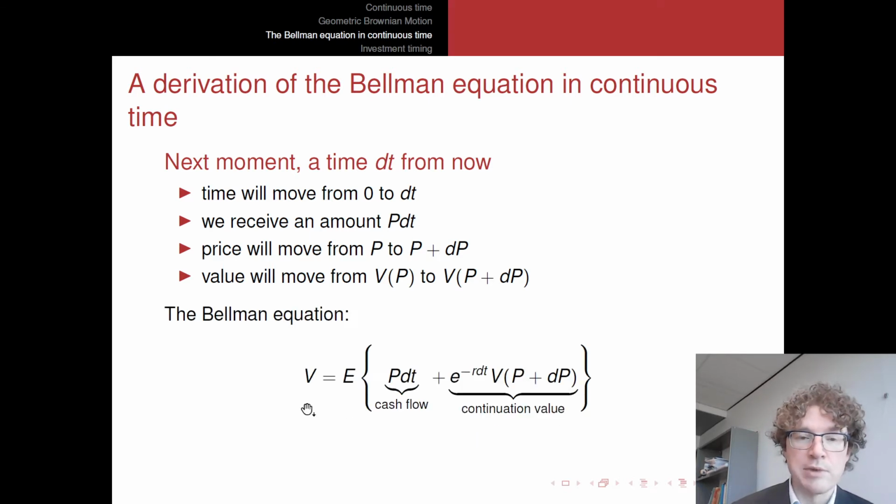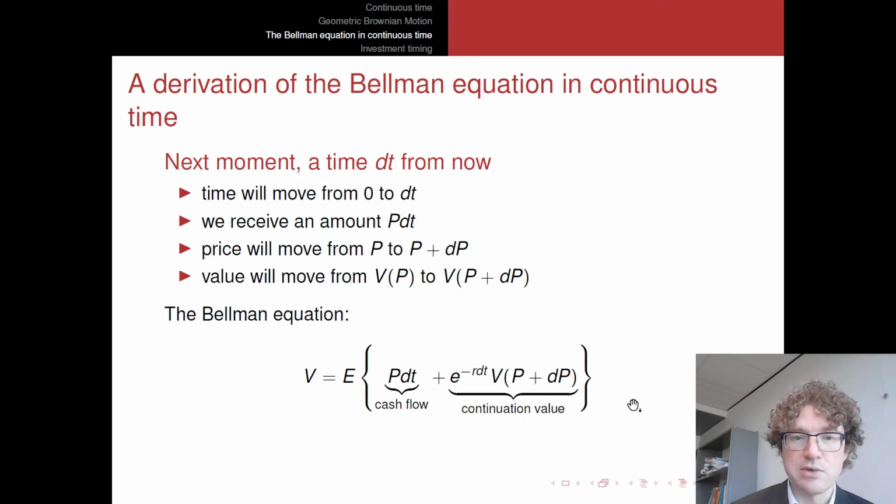Ultimately we want to plug this into the Bellman equation. So the value today is the expected value of the cash flow that we get, plus the continuation value, which is the value of tomorrow when price has evolved from P to P plus dP, but discounted, and this discount factor, as dt gets very small, gets very close to 1, of course, just slightly smaller than 1.